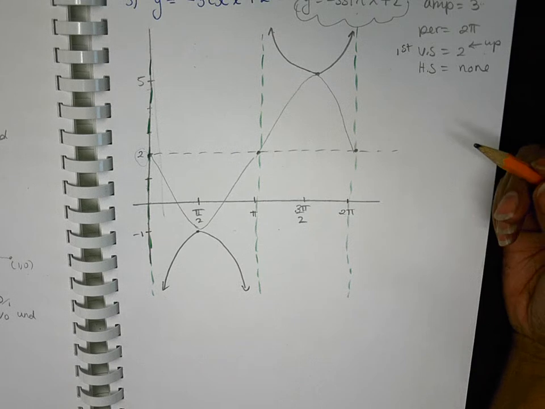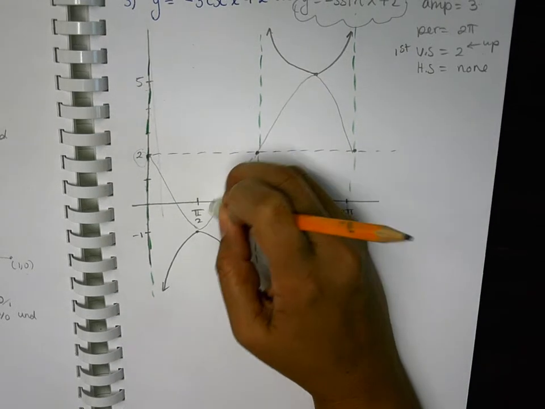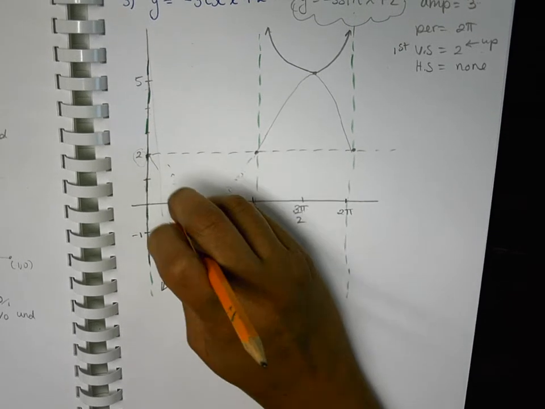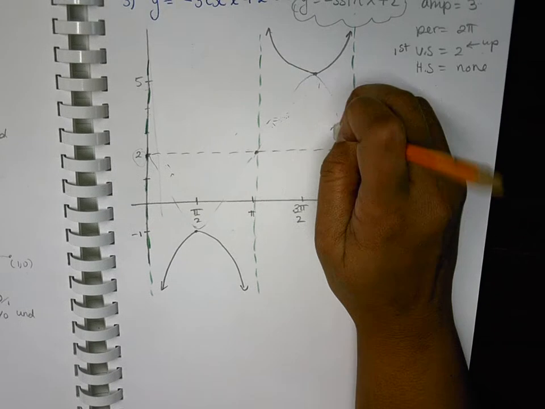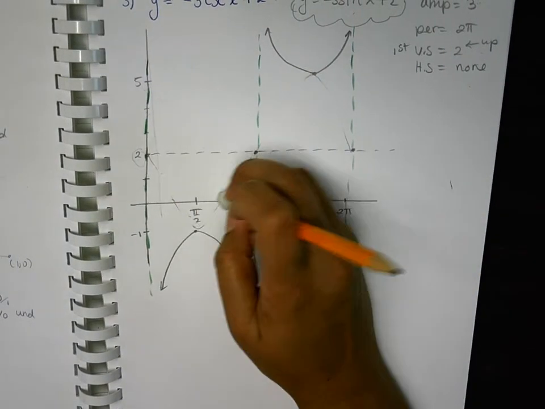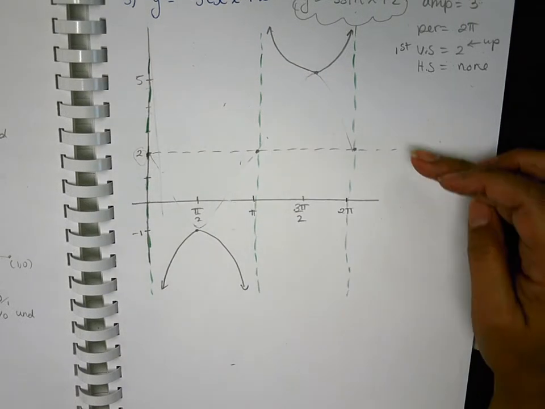Now, did this one shift us enough to give us zeros? Do I have any zeros on this one? No, still no zeros. What kind of changes would have to be made in order for us to have an x-intercept?